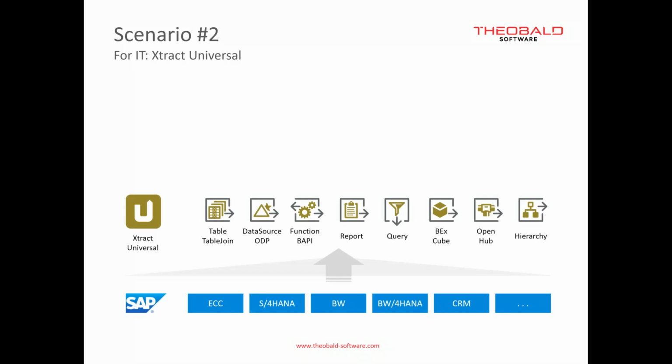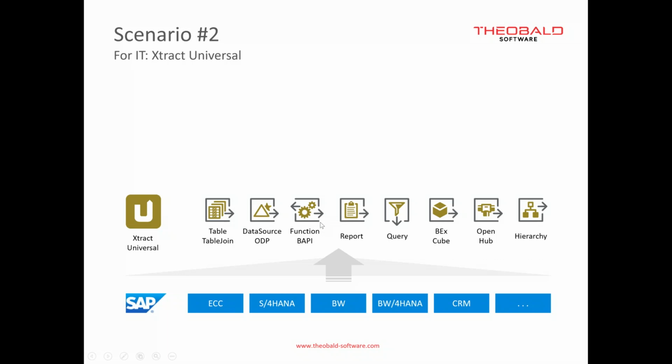For that purpose, we have a tool called Extract Universal. SAP facing, it has more capabilities, as you can see here on the slide. We have previously, with Extract for Alteryx, talked about the table join, ODP, and the BEX and cube component. Now you have additional components at your disposal.